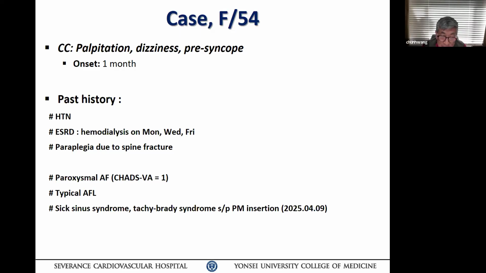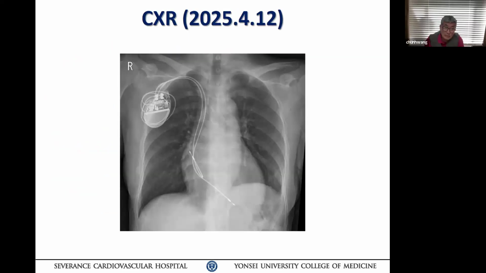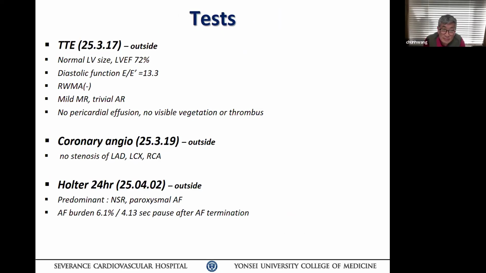Okay. All right. So you got after that just a chest X-ray. Yes, this is her chest X-ray. And these were the tests done outside of the hospital before coming to Severance. Her echocardiography showed that she had normal size LV and ejection fraction of 72%.